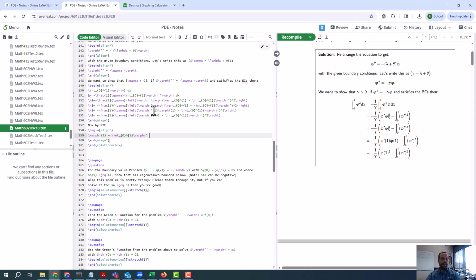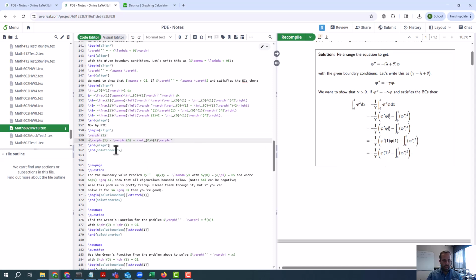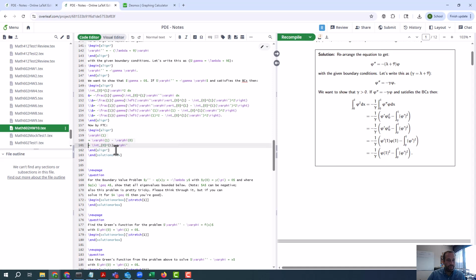That's the fundamental theorem of calculus. I should have minus phi prime of 0 here, but that's equal to 0. So let me just do it like this. Phi prime of 1 is equal to phi prime of 1 minus phi prime of 0, since phi of 1 is equal to phi of 1 minus phi of 0, since phi of 0 is equal to 0.